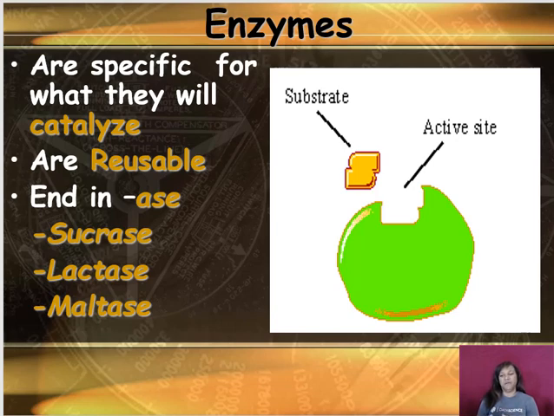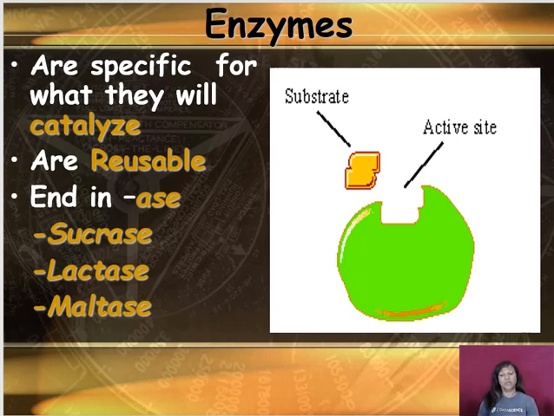They're very specific for what they will catalyze. So one specific enzyme won't catalyze a product or a substrate that it's not very specific for. Just like a lock and key, you can have a lock, but only a certain key fits that lock.